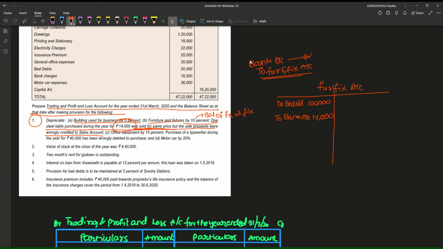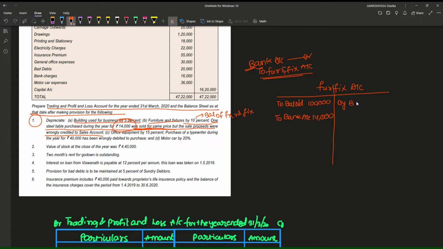So debit what comes in, according to the real account rule. Bank account debit to furniture and fixtures. This is the entry we need to pass.